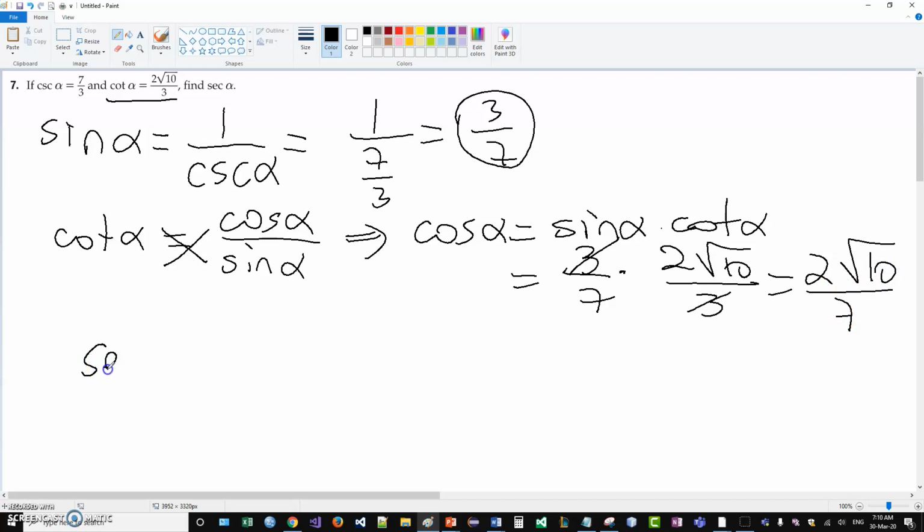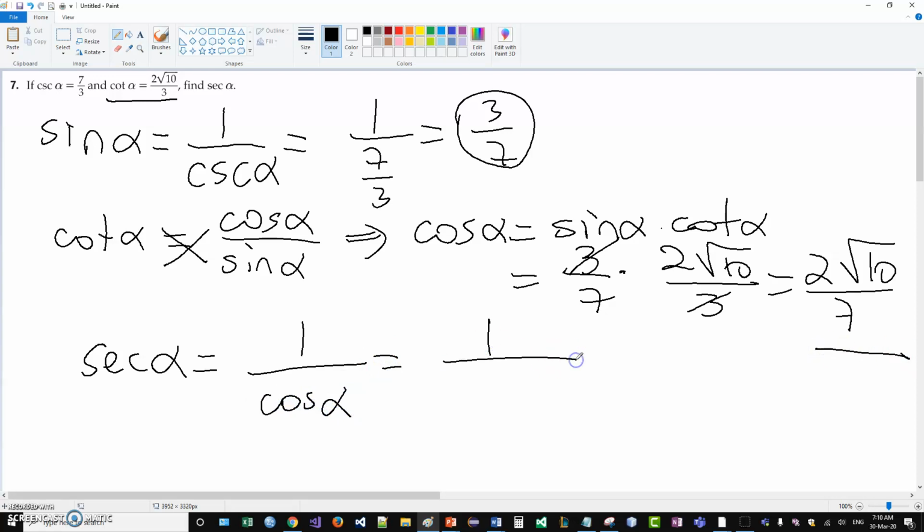Now the secant alpha, according to the reciprocal identity, equals 1 over cosine alpha, which we just found here. So 1 over 2 square root of 10 over 7 equals 7 over 2 square root of 10.